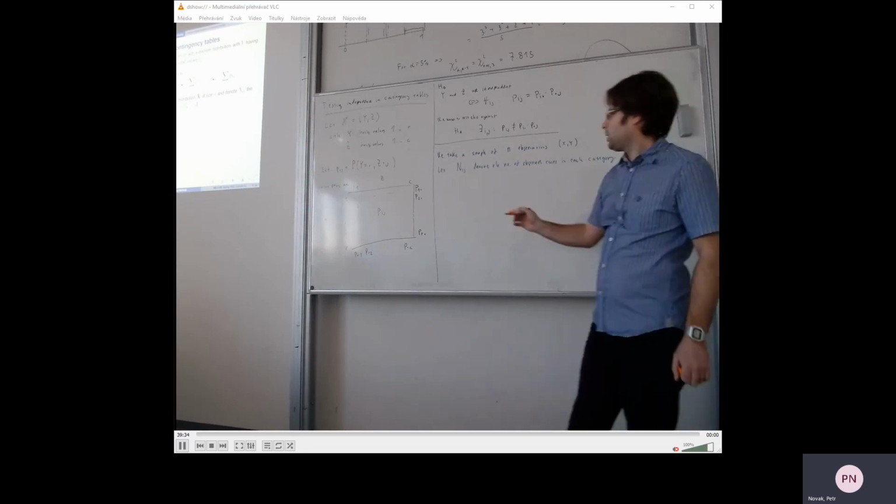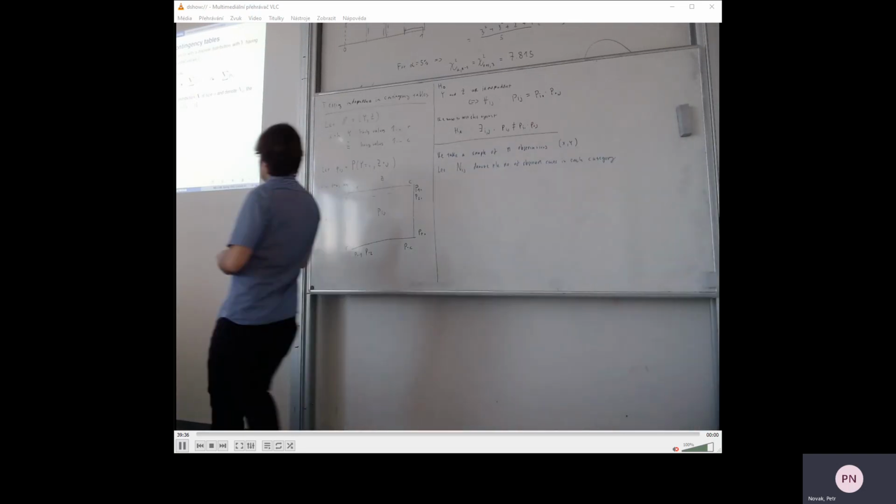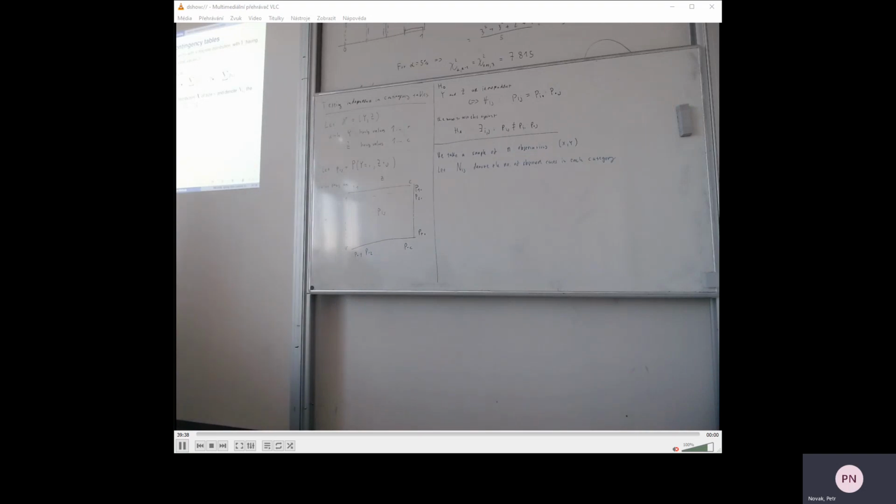Okay? And by putting the observed numbers of cases in a table, we get the so-called contingency table. Now, just the number of cases in each of the categories.